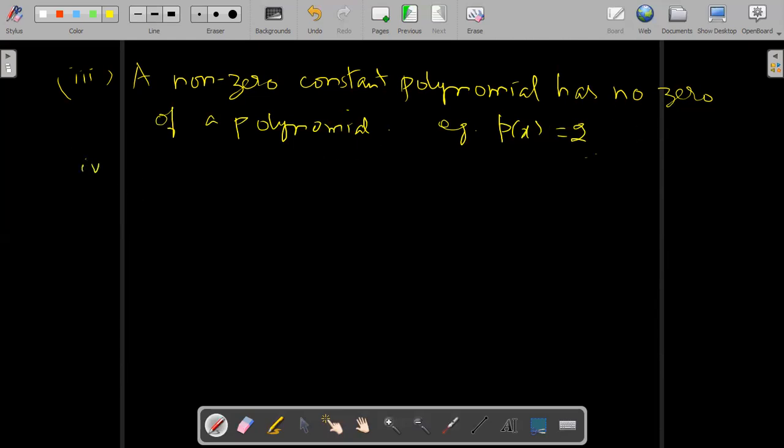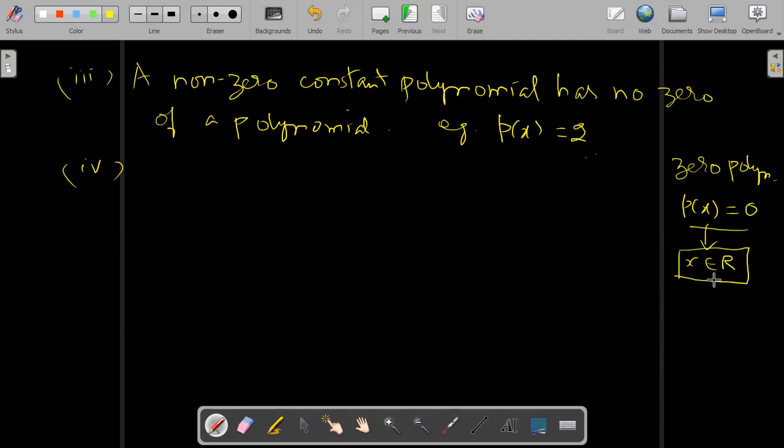Okay. And the fourth point is every real number is a zero of the zero polynomial. What is the zero polynomial? The zero polynomial is p(x) is equal to 0. Whatever number we put here, it is 0. So x can take any real number. We used to write x belongs to the real numbers.